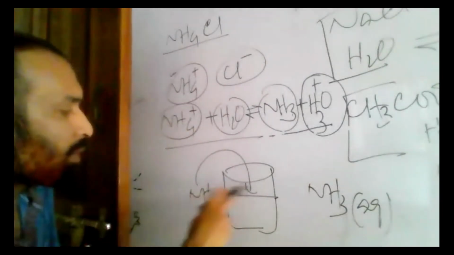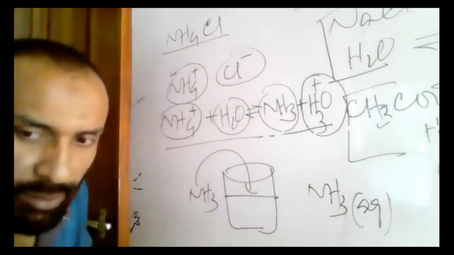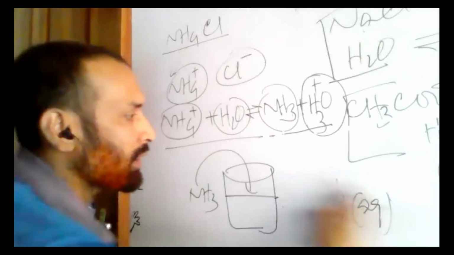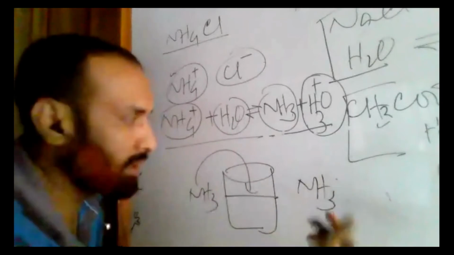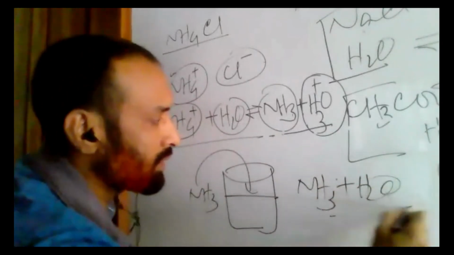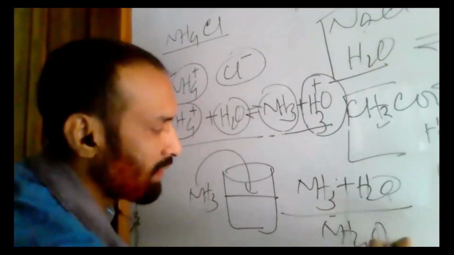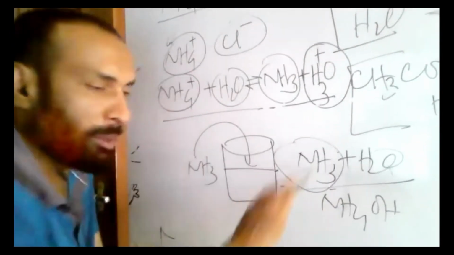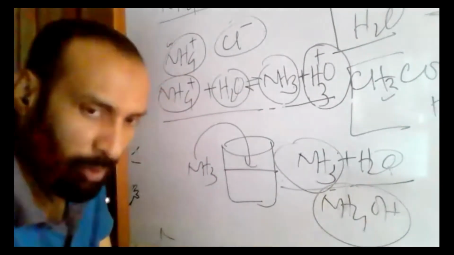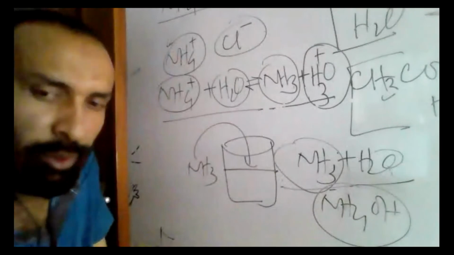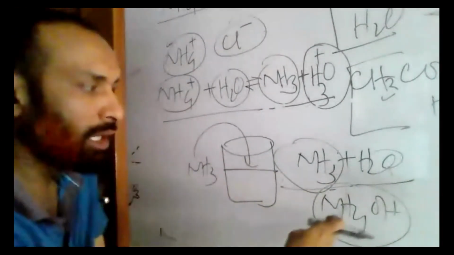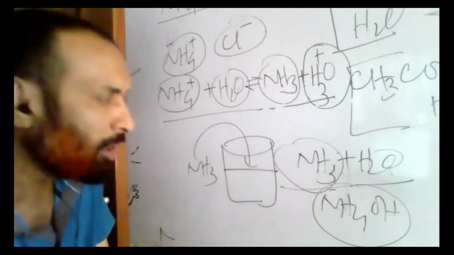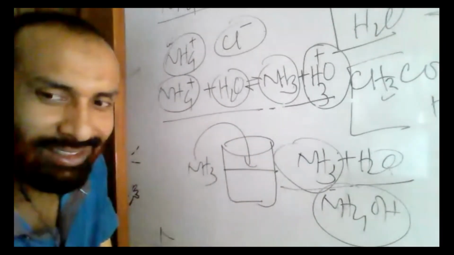So when you're adding ammonia in water, there are two possibilities. Ammonia itself can exist there, or ammonia can react with water to give ammonium hydroxide. You get both of them together in this solution, but you get ammonia much more than ammonium hydroxide, because this is a weak base.